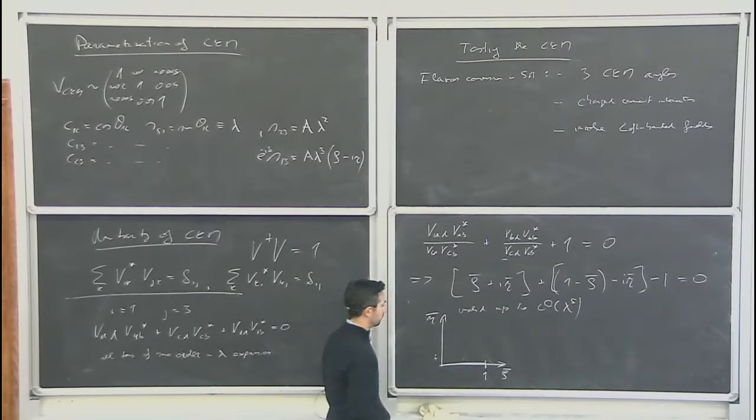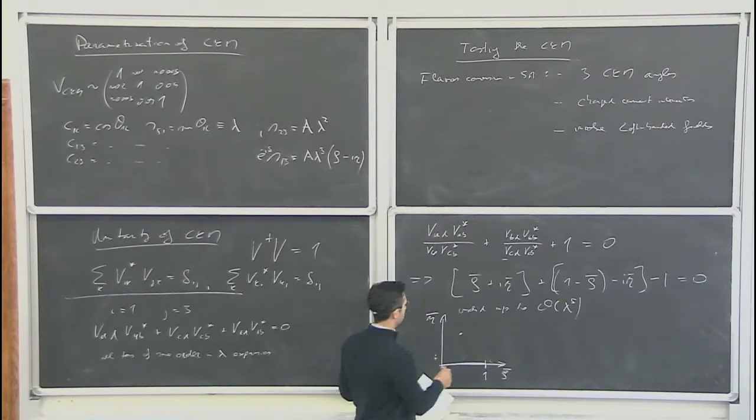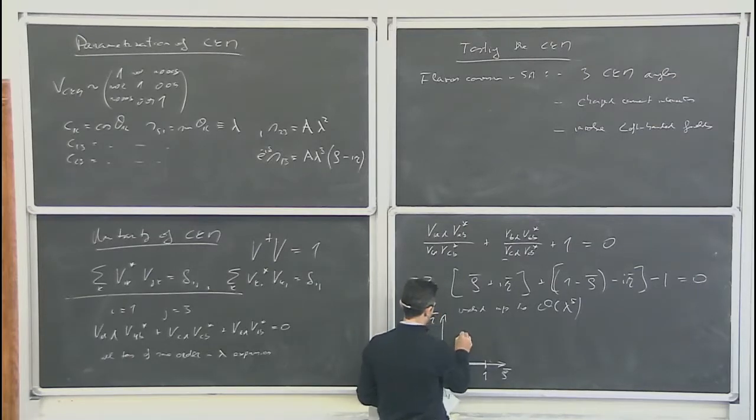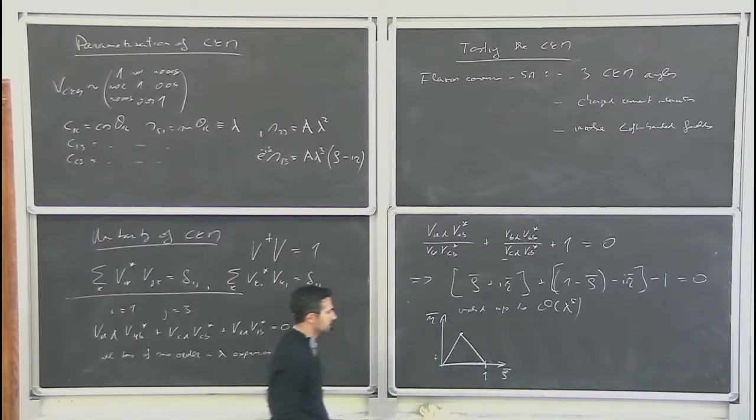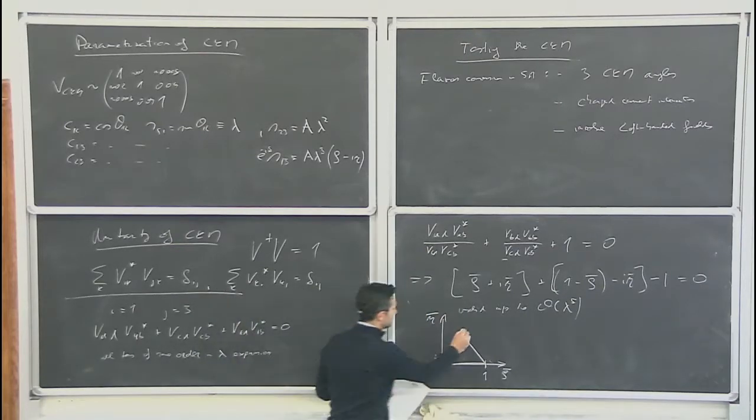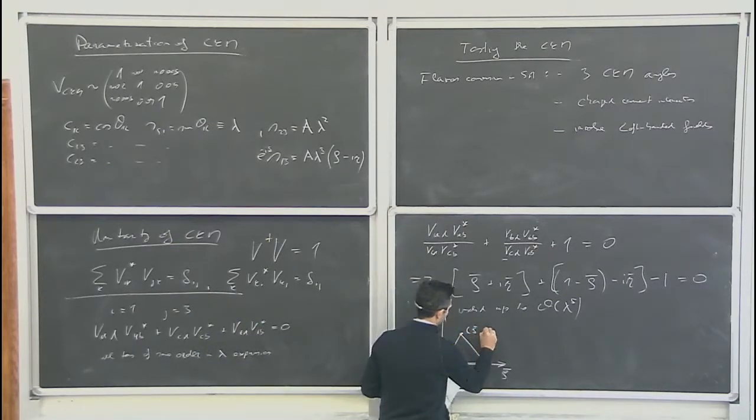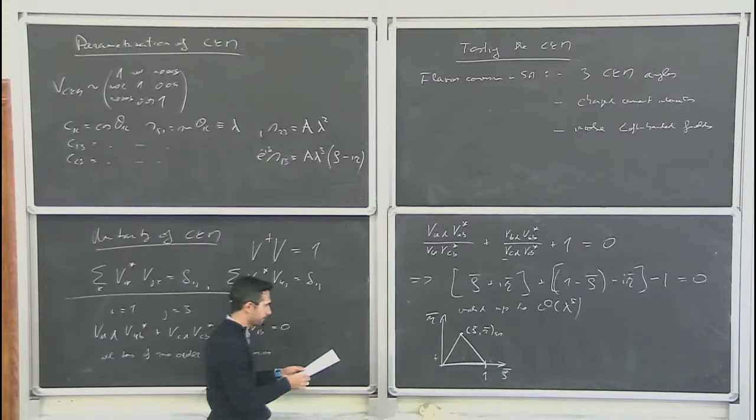And then the apex of the triangle will sit at the value rho bar, eta bar. So this will be the apex, and then I can define this triangle. So this is the rho bar, eta bar triangle.